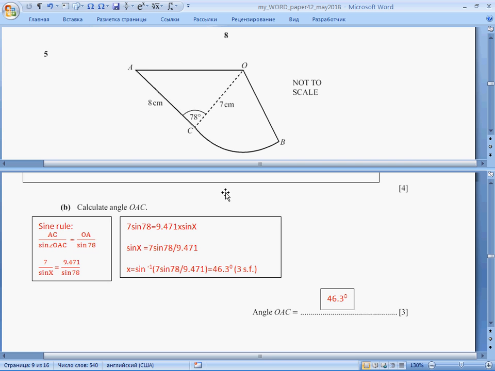Calculate angle OIC. Angle OIC we can find because we know an angle, a side, and an unknown side. So we use the sine rule.